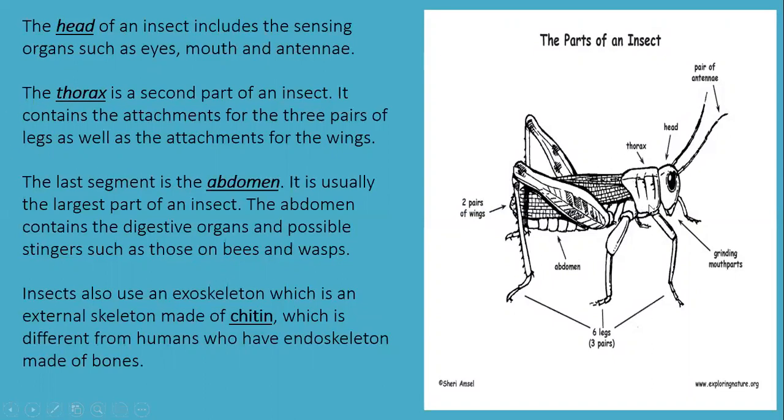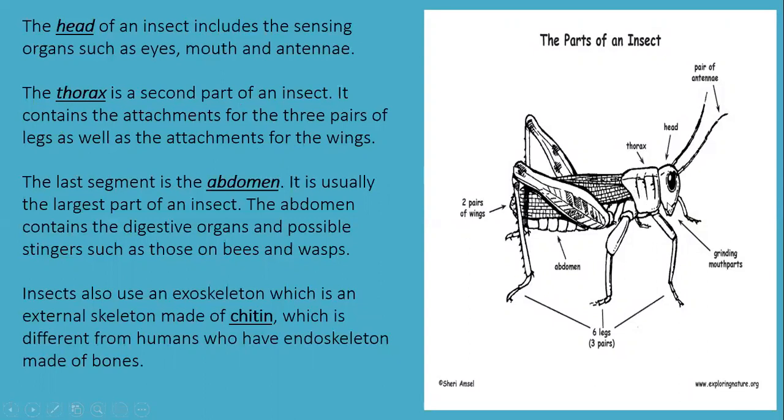Then in this picture, you can see the thorax. The thorax is the second part of an insect. It contains the attachments for the 3 pairs of legs as well as the attachment for the wings. From the thorax, legs and wings are attached.